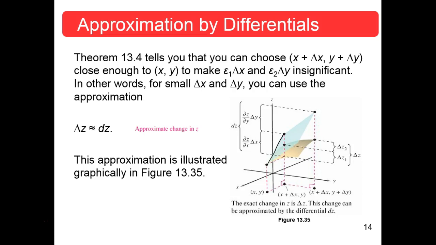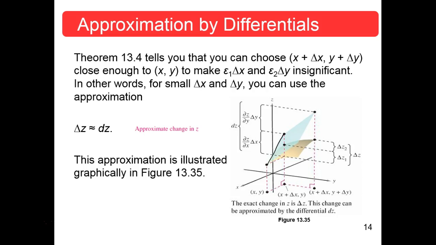So that would be the slope here. The partial of z with respect to y would be that slope there, at least taken from this point. Okay? So I would put a bar here and say at x plus delta x, y, from that point, and then multiply that by your delta y here, and that gives you that representation.